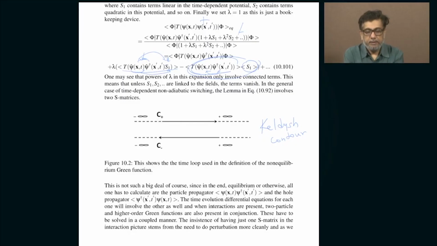Okay, so let us try to see if we can wind up our discussion of non-equilibrium Green's function. Remember that I told you the point is that regardless of whether the system is in equilibrium, by that I mean the system has a Hamiltonian that is time independent, and it could possibly be coupled to some reservoir at some finite temperature, or it can be coupled to a reservoir which is not only at a finite temperature but also at some finite chemical potential.